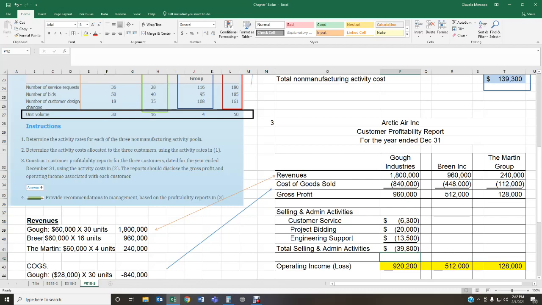Now, to get your operating income, you're going to get your gross profit minus or plus your selling and admin expenses. In this case, we have a negative 39,800, so we're going to subtract. That gives me 920,200. We're going to do the same thing with Bryn.